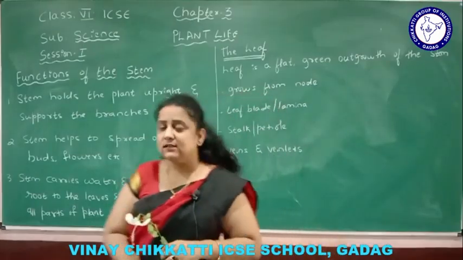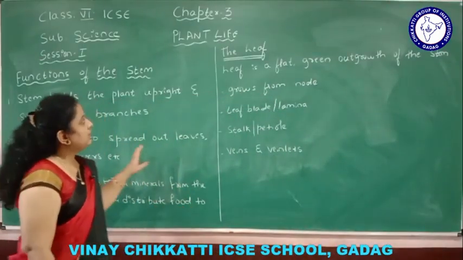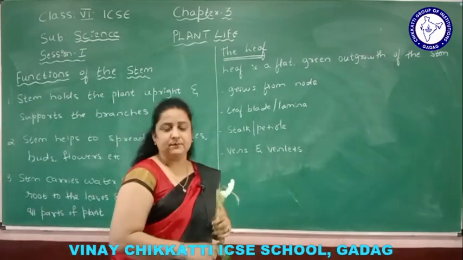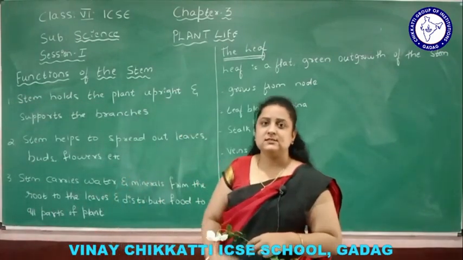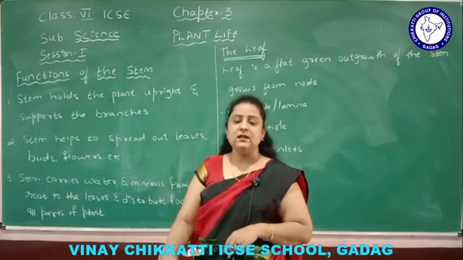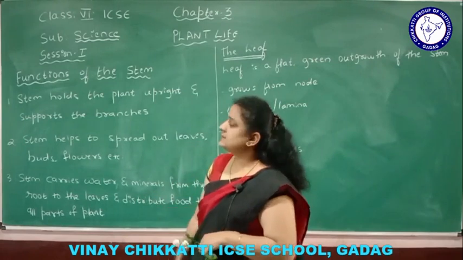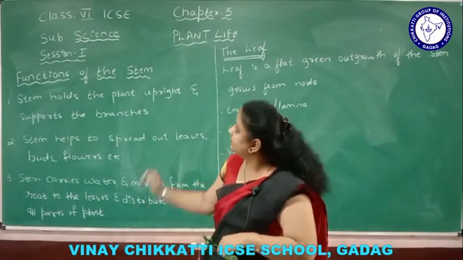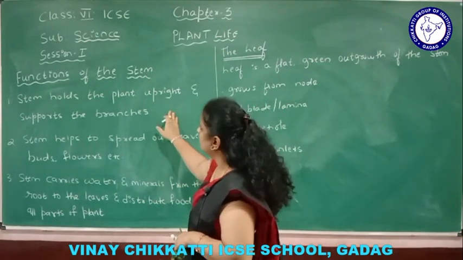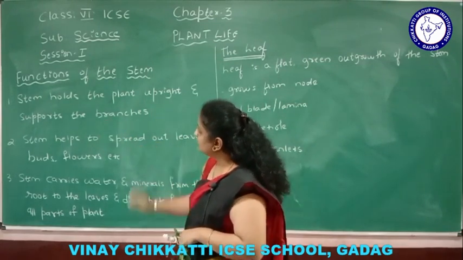So we have seen what is stem, the different types of stem. Now we will discuss the functions of the stem. As you know, stem is the part of the shoot system. We have discussed root system and shoot system. Stem is the part of the plant which is above the ground. Now what is the function of stem?